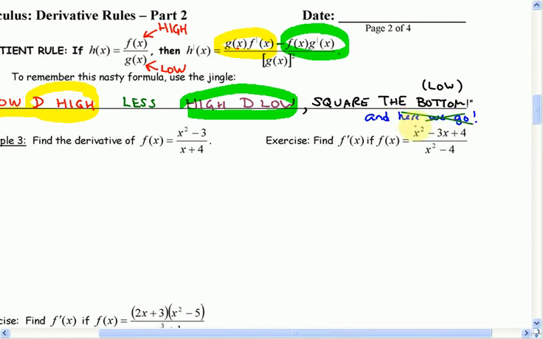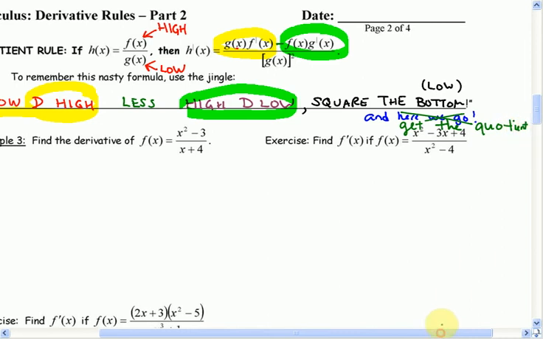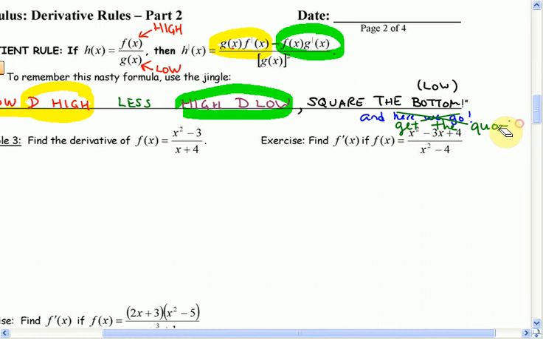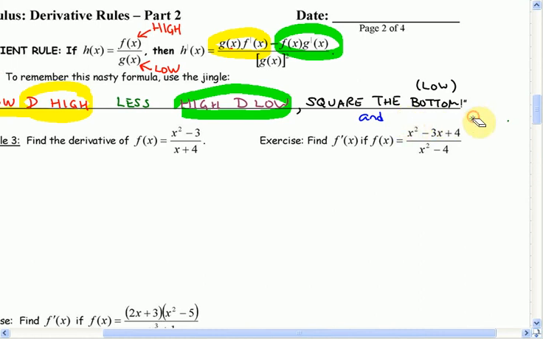Instead of here we go, it says, and get the quotient. Get it? Quotient. Yeah, that's what I thought. It wasn't that great either, so I never really adopted it. I like the idea of square the bottom and here we go.